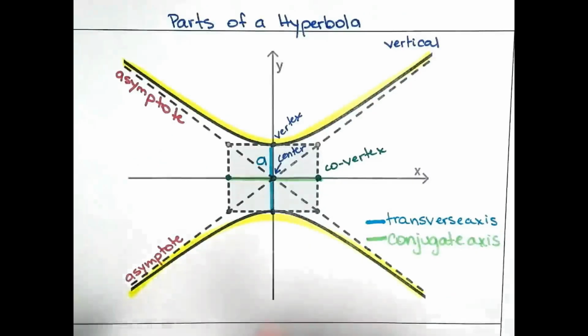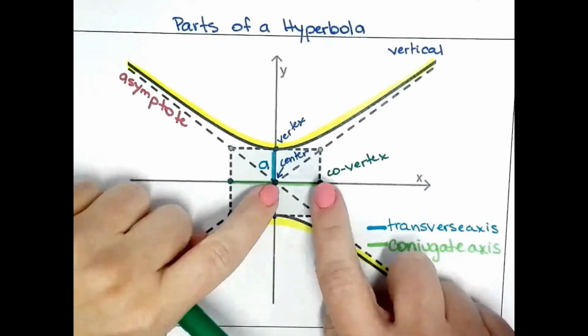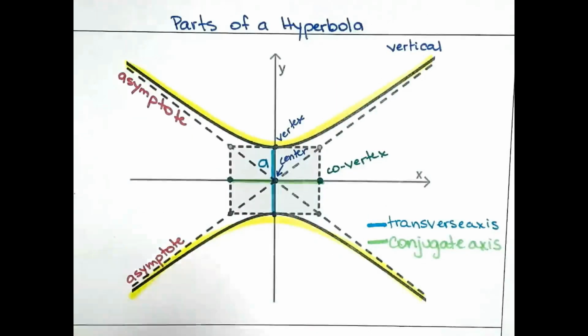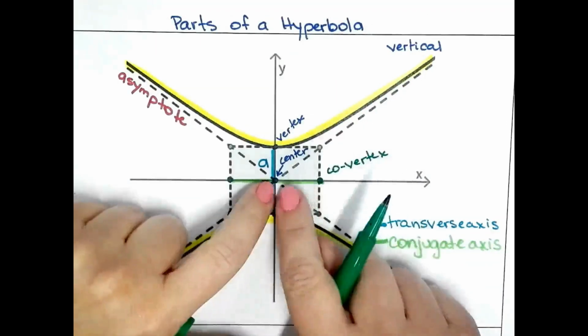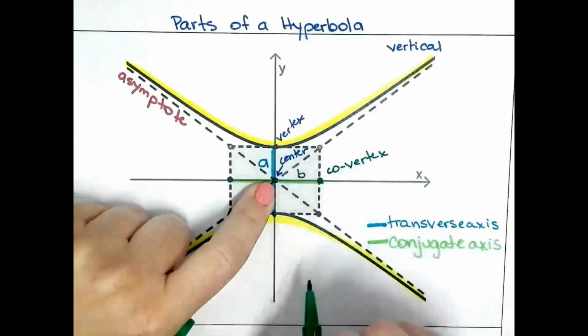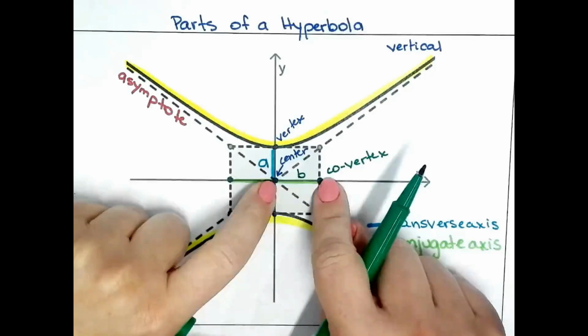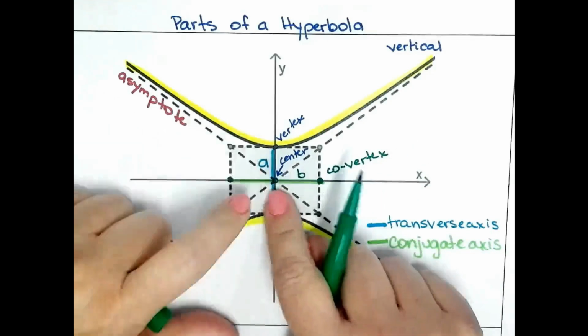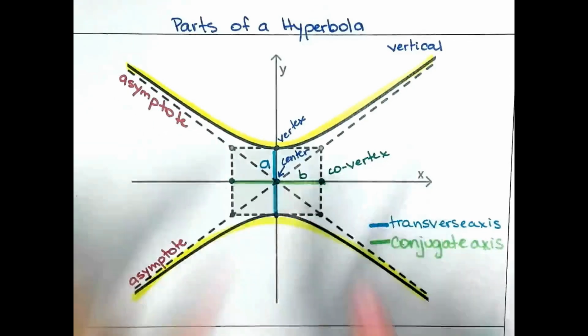And the distance from the center to B, yeah, I messed up. So the distance from the center to the covertex is B. Okay, right there. So A and B.